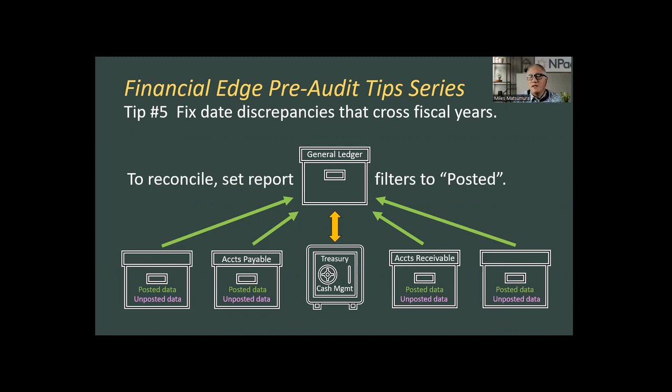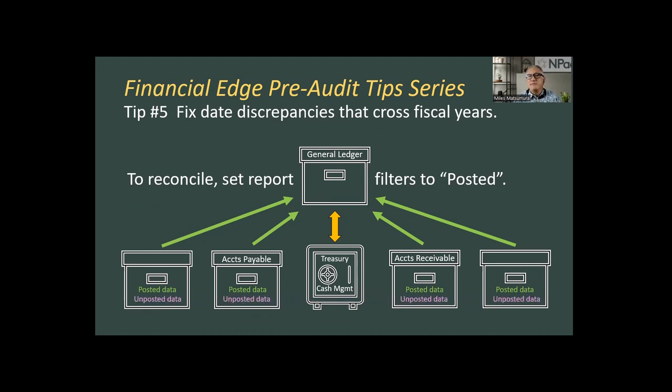At audit time, a lot of folks forget about restricting their reports to just those which are posted. That will remove unposted data from your reports and reduce your discrepancies. But by default, AP and AR reports include unposted data.